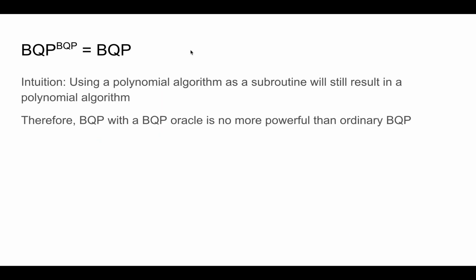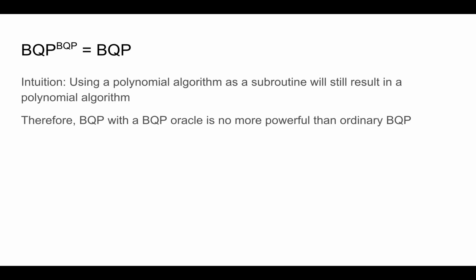The first theorem is BQP superscript BQP equals BQP. What this theorem is trying to say is that if we have a BQP algorithm and we have a BQP oracle, used as a subroutine to solve that BQP algorithm, it's no more powerful than an ordinary BQP algorithm.